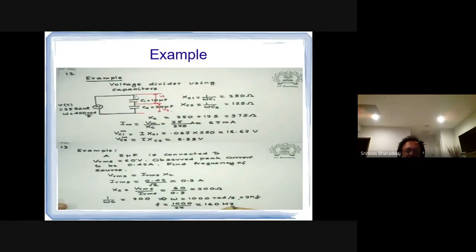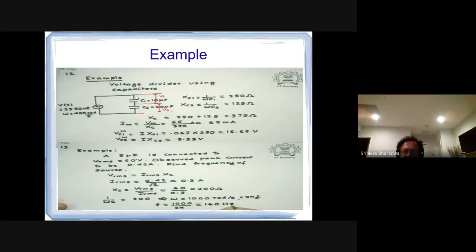The max power, what is the max power? Max power 25. So using that, you then calculate the current. The total XC you can also calculate: 1 by omega C1, and this one is 1 by omega C2.